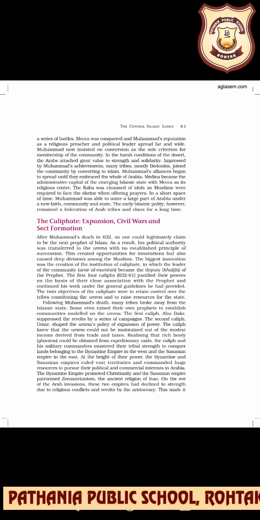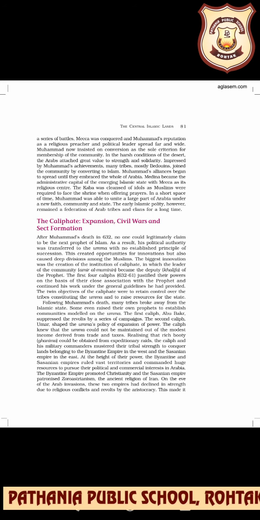Because once there were external attacks, within these states there were religious conflicts as well as revolts. So this made it easier for the Arabs to annex territories through wars and treaties.